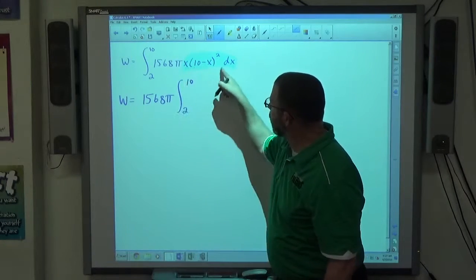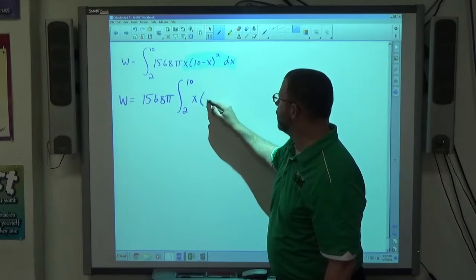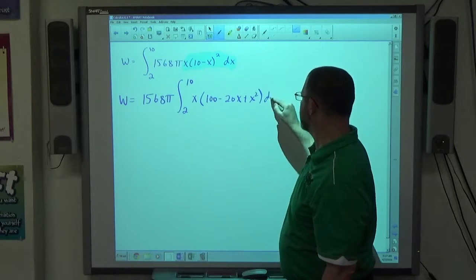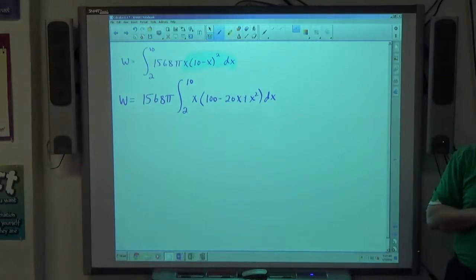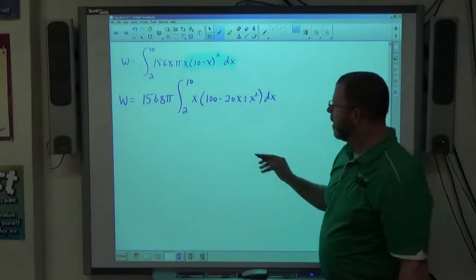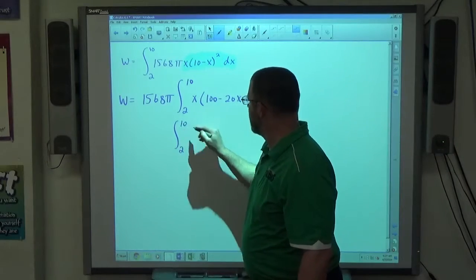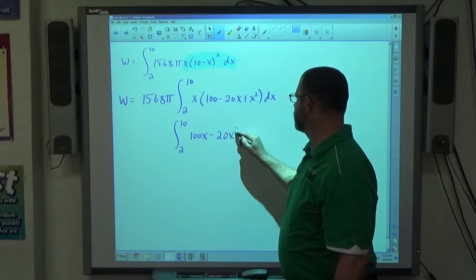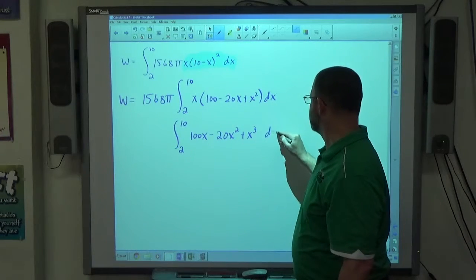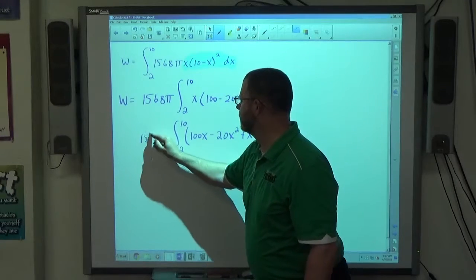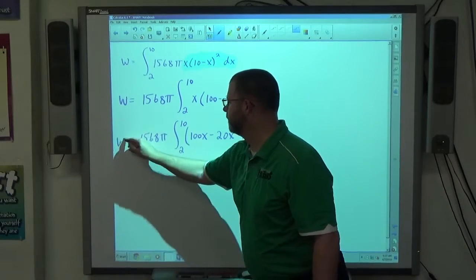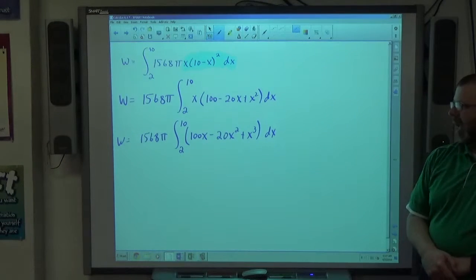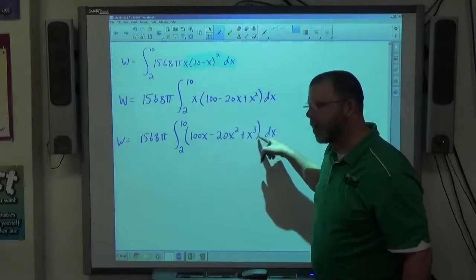Now I want to multiply this out: x times (100 minus 20x plus x squared) dx. If I distribute the x through, I get 100x minus 20x squared plus x cubed dx. And finally, now it's a polynomial structure.